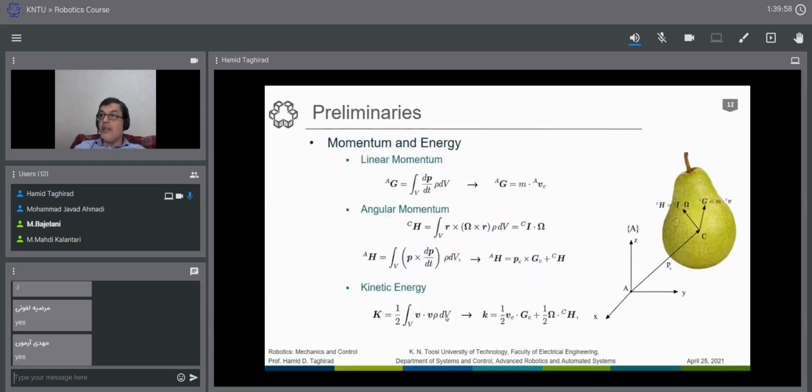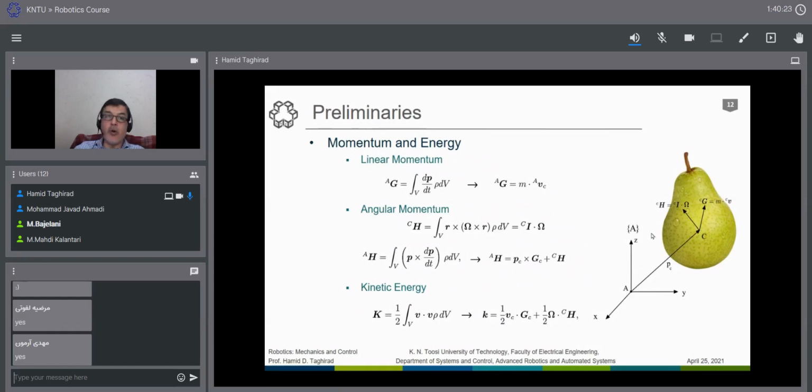Finally, we need maybe to find the linear momentum, angular momentum, and kinetic energy. This is the most important. We use only this word in Lagrange. Here you see that the linear momentum of a system is given by m times v, but the velocity of which point?